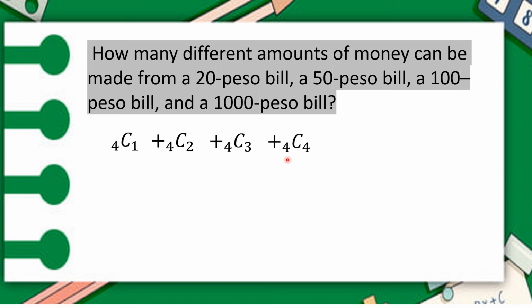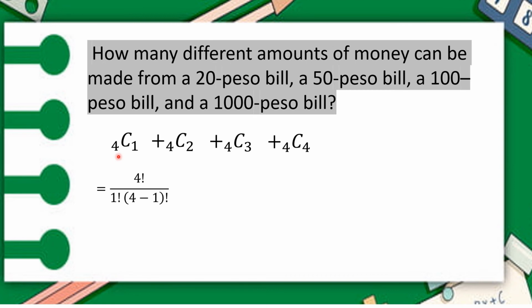And yung last is 4 combination of 4 kapag 4 peso bill na ang ginamit natin para makapag-create ng certain amount of money. So, isosolve natin itong apat na combination na to. Then, we're going to add those. So, simulan natin sa 4 combination of 1.